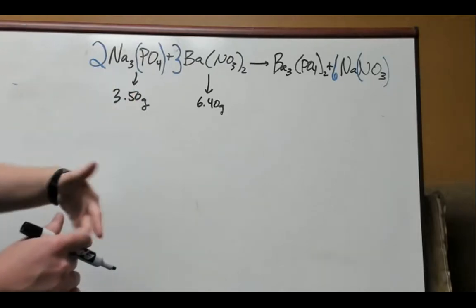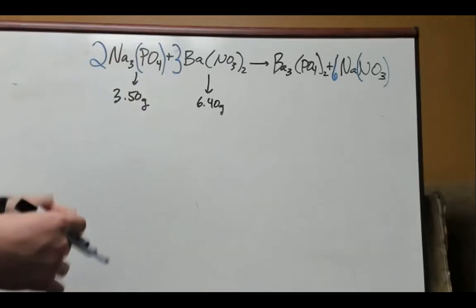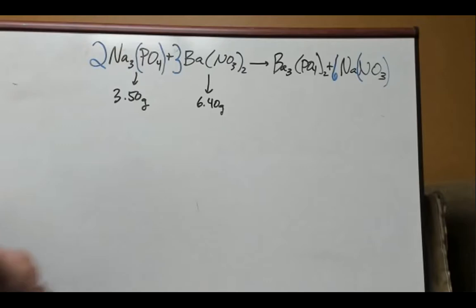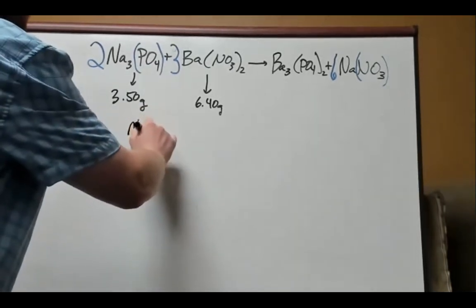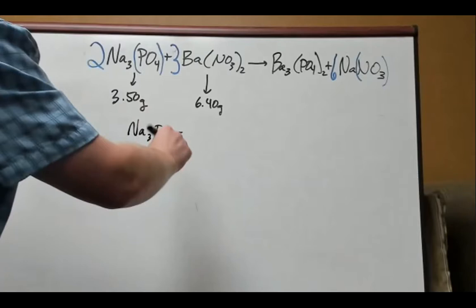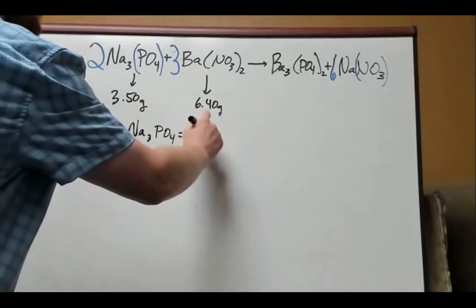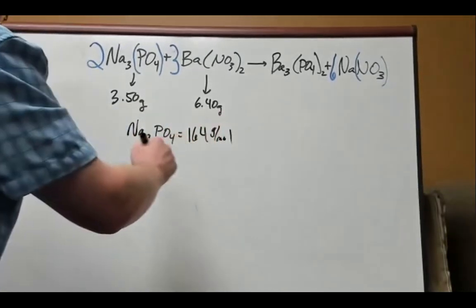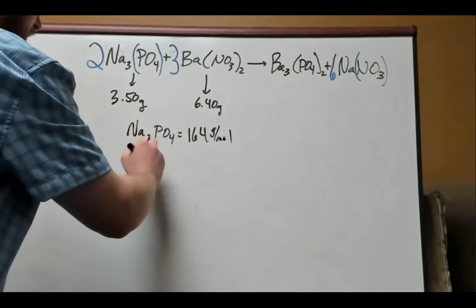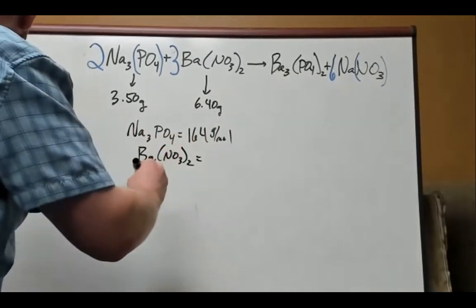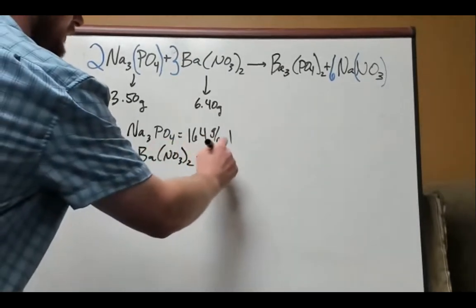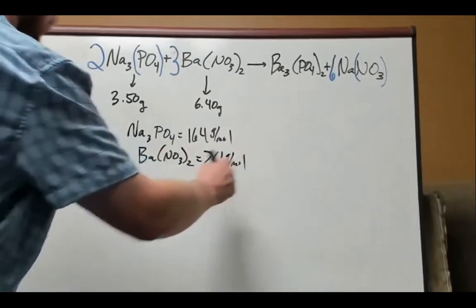The next thing I would do is the upfront work. The more work we do up front, the easier putting numbers in and doing the calculations will be, so find the molecular weights. Sodium phosphate is going to be 164 grams per mole. Barium nitrate is going to be 261 grams per mole.